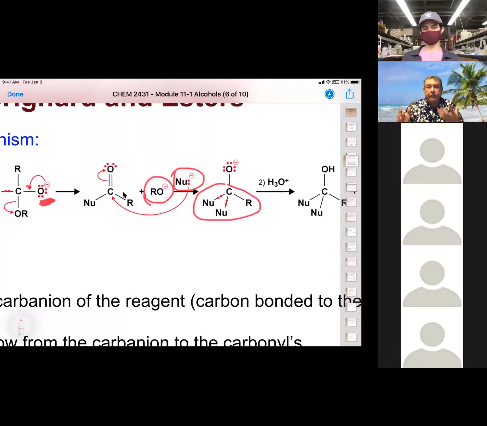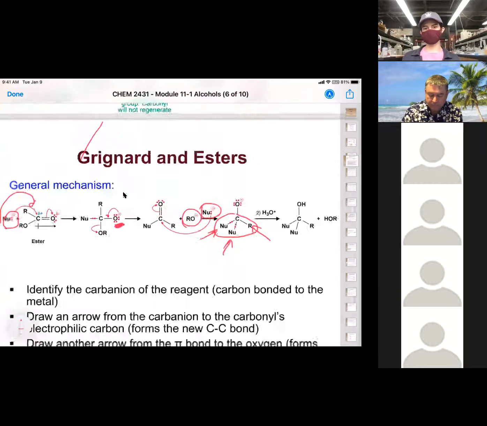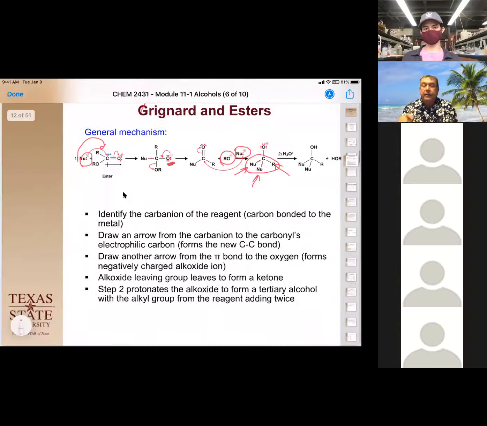Notice that we have some control over the final product, because if we have two equivalents of the nucleophile, we know we're going to add those two R groups to a tertiary alcohol. So if we had this as a hexyl group and we hit it with methyl Grignard, we'd have dimethyl hexyl alcohol, or in this case, it would be methyl heptanol. So we can do that using control of our nucleophile and our substrate.